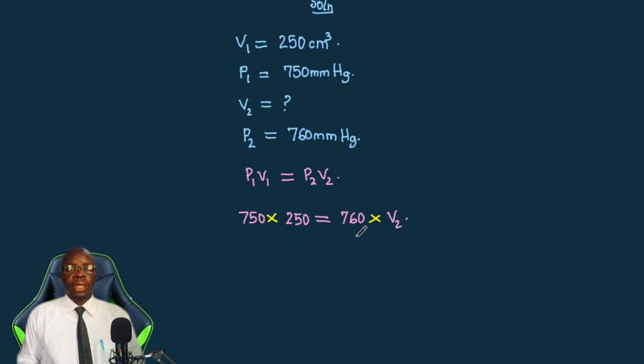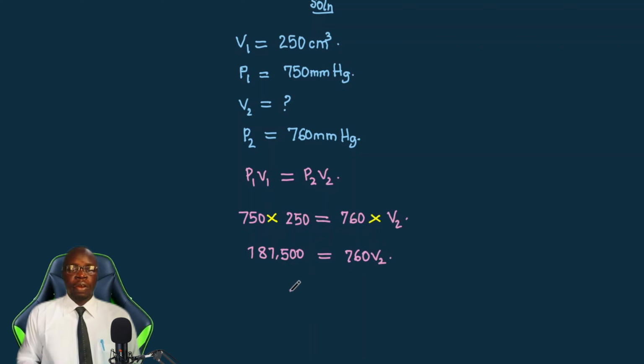Now we can multiply the left hand side, and we had 750 multiplying 250, that brings 187,500 from the left hand side, and the right hand side, we just join this together, 760 V2.